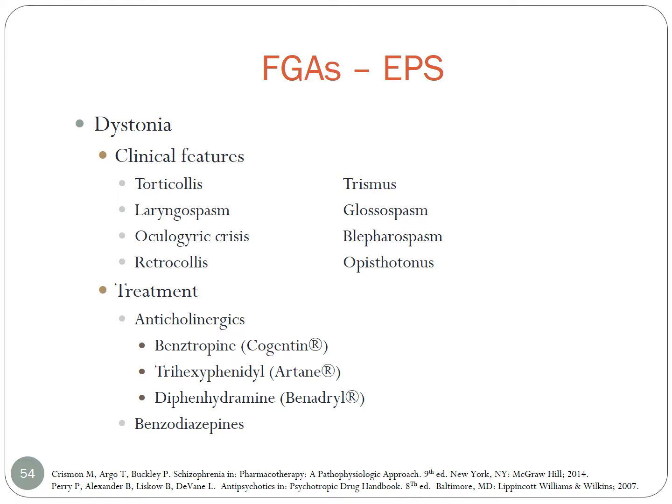Laryngospasm is spasming or contraction of the larynx. Oculogyric crisis is when the eyes become stuck in a fixed position, usually upward. Retrocollis is when the head is thrown backwards. Trismus is when patients are unable to completely open their mouths. And then glossospasm is a spasmodic contraction of the tongue.